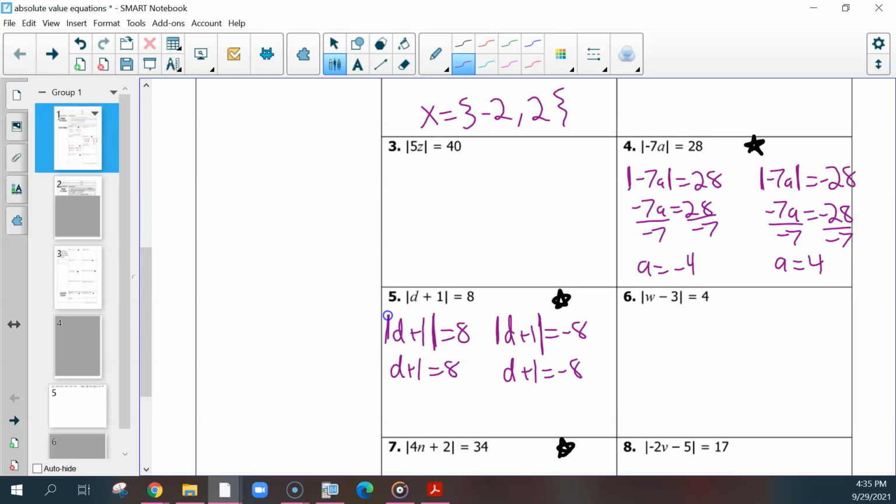And then solve for D, so subtract 1 on both sides. These ones cancel, and I'm left with D equals 7. Oh, I forgot. On number 4, I forgot to go back and write them as a solution set. And then D equals -9. So my solution set would be -9, +7.